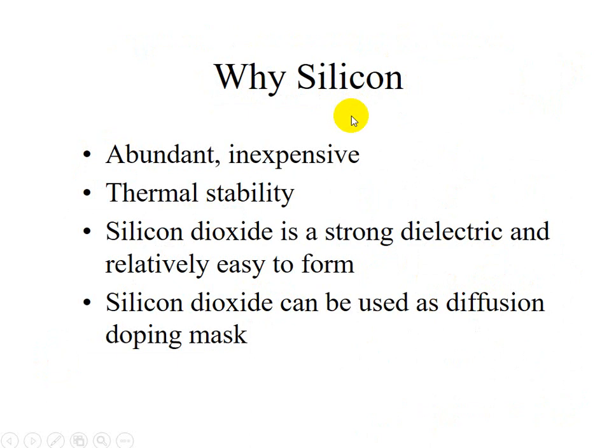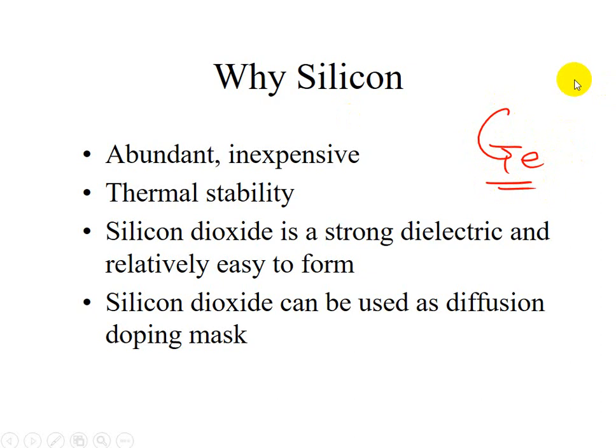Okay, next let's talk about why we use silicon as the semiconductor substrate. As we mentioned, the first single crystal material used for IC fabrication was germanium. Two years later, single crystal silicon was used to create the integrated circuit.